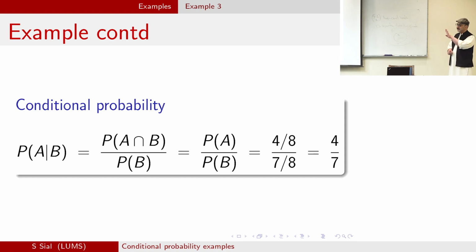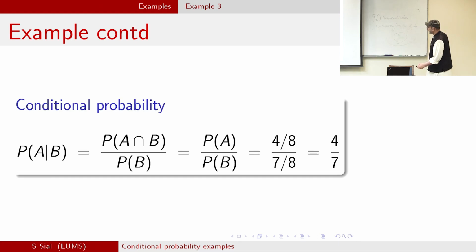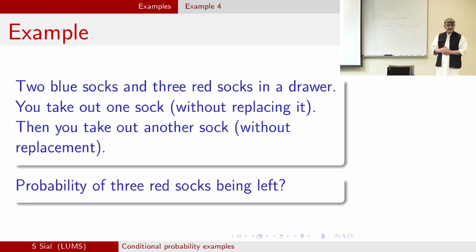So those are 4 outcomes out of 8 possible outcomes. B was at least 1 H, right? So what's the complement of that? No H's, so 3 T's. That's 1 outcome out of the 8. That's the complement. So 1 minus that is 7 out of 8. Okay, so we get 4 sevenths.